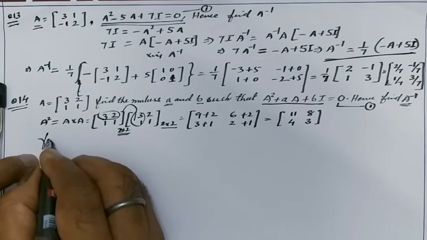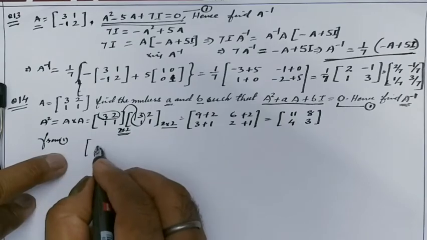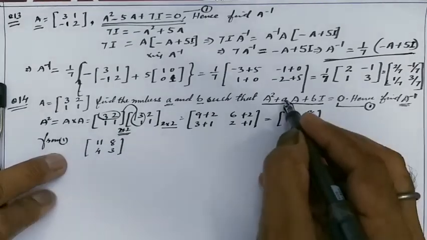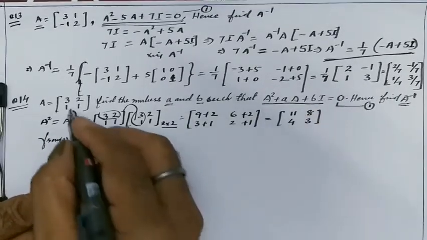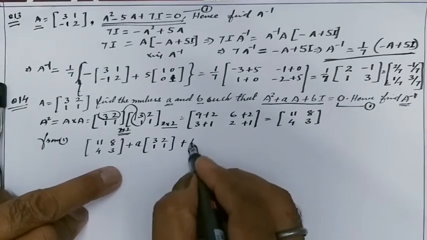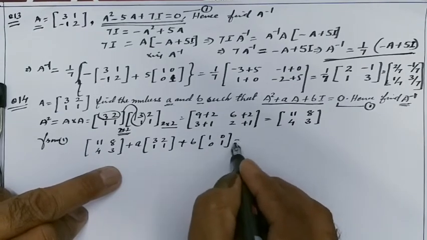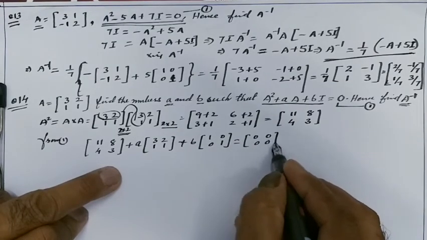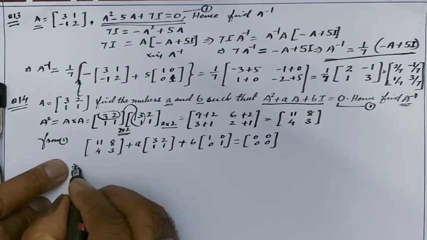So from 1, A square means this matrix (11, 8; 4, 3). We'll put all the terms here plus small a times matrix A, which is (3, 2; 1, 1), plus b times identity matrix of 2 by 2, (1, 0; 0, 1), is equal to the zero matrix of order 2 by 2. Now we multiply all this inside.